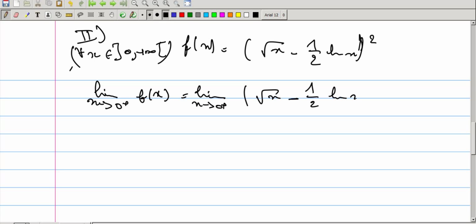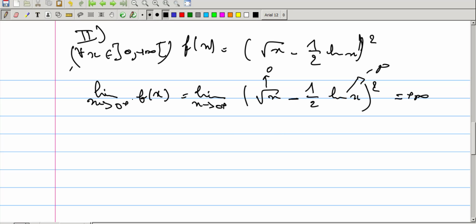Yes, okay, ln of x squared. So here we have the limit of ln x when x goes to 0 plus, so we have minus infinity. Good. And this equals 0 minus infinity, which equals plus infinity, squared is plus infinity. Cool. So we have plus infinity in the first limit.